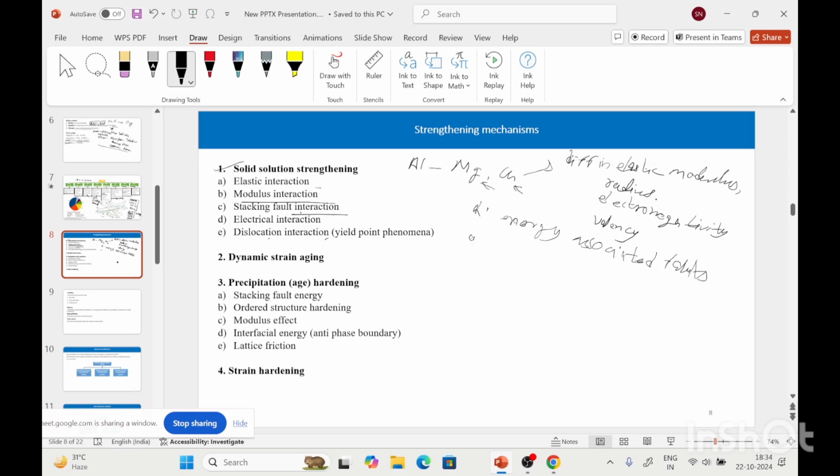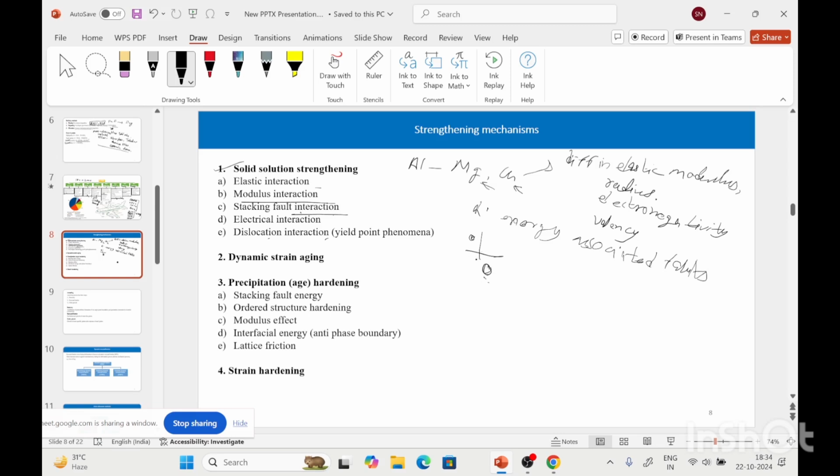Small alloying elements prefer to sit above the dislocation, and big alloying elements with a larger radius than aluminium prefer to sit at the bottom of the dislocation core.